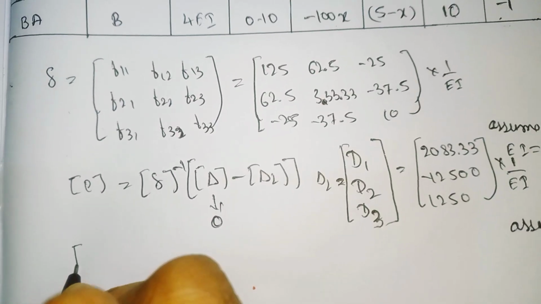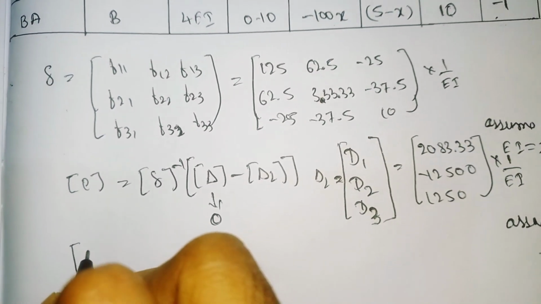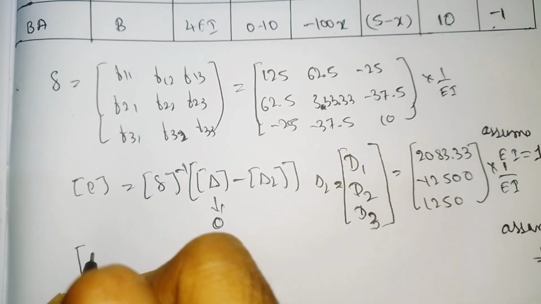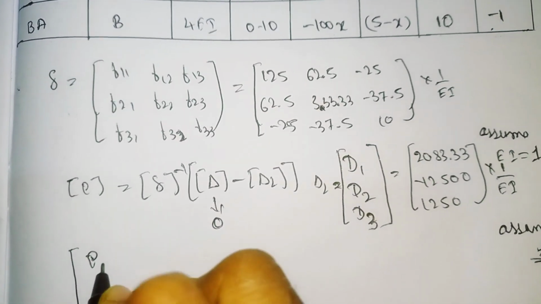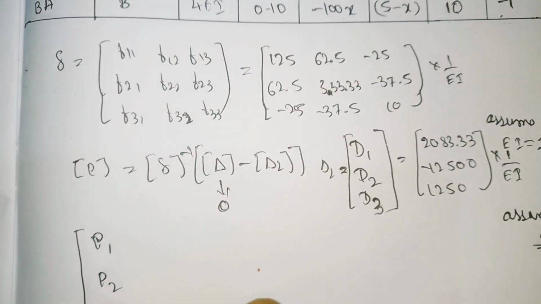The P matrix is nothing but the redundants we have taken; that many P values we need to take. We have got 3 redundants, so the P matrix is P1, P2 and P3.